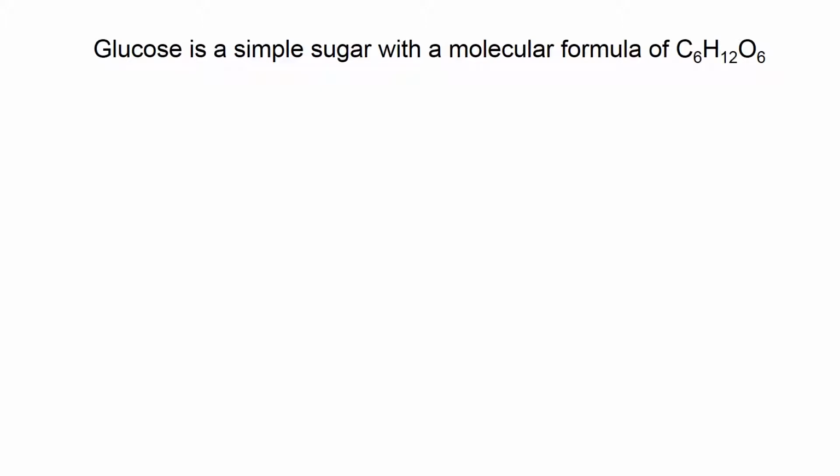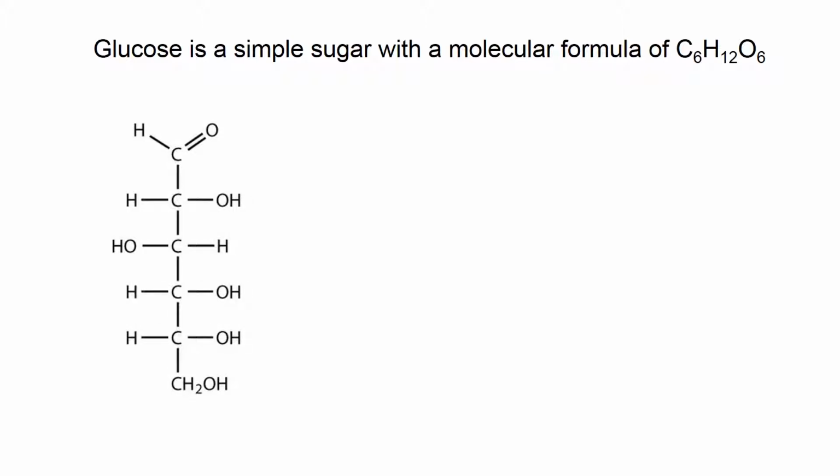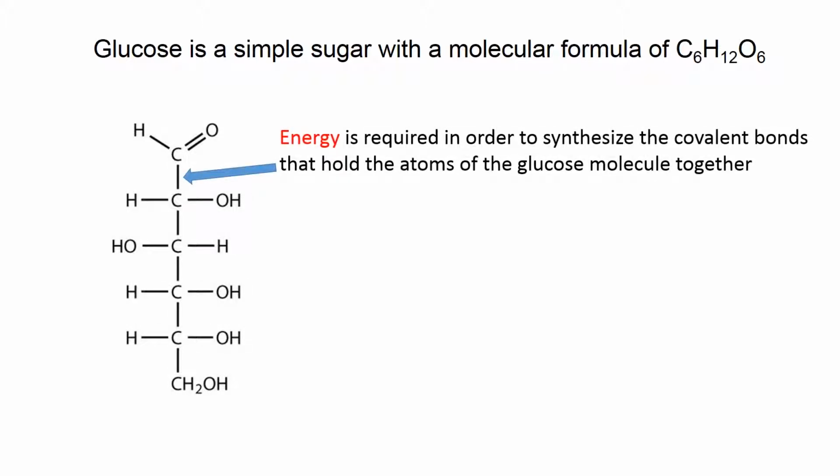So let's get back to talking about the actual process of glycolysis. Glucose is formed as a molecule with 6 carbons, and as I had mentioned earlier in one of my previous lectures, those carbons are numbered 1, 2, 3, 4, 5, and 6.